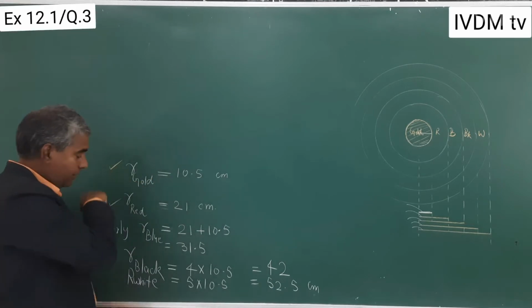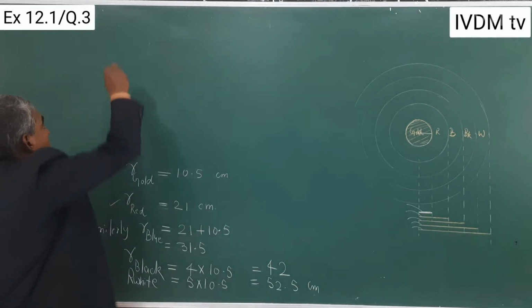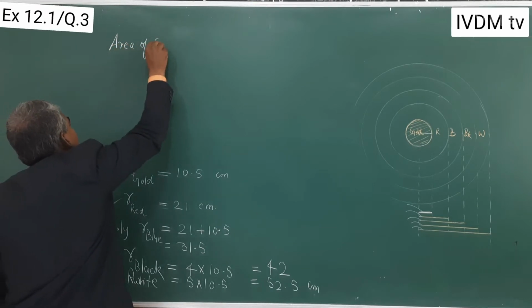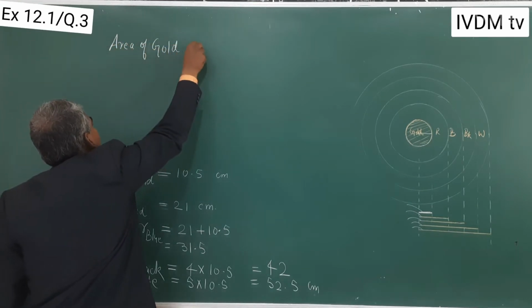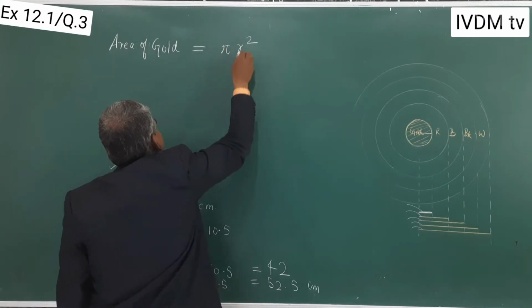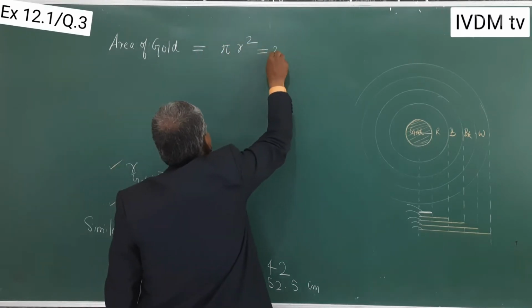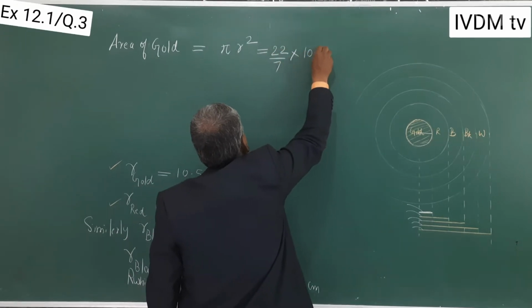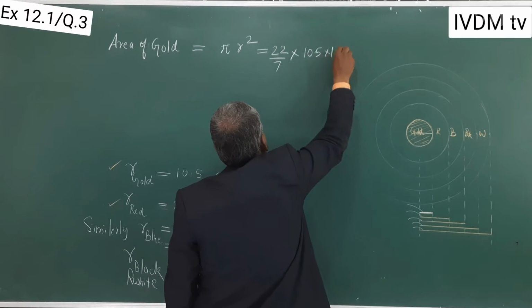Okay, come here. So area of the gold equals pi r square, which is 22 upon 7 into 10.5 into 10.5.